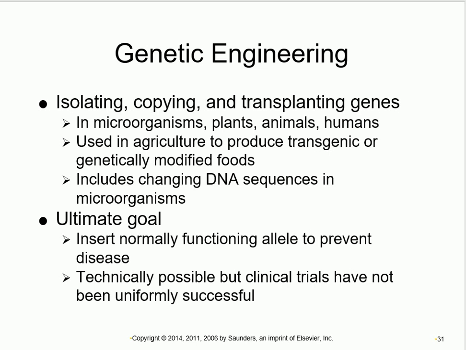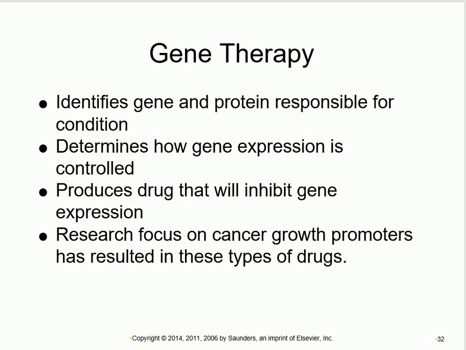They take the genes and they engineer them, which is called genetically modified. They can also change the DNA sequence. And the goal of that is to make sure that the alleles are good. This is already used for animals and plants, but they are trying to apply that to human beings as well.